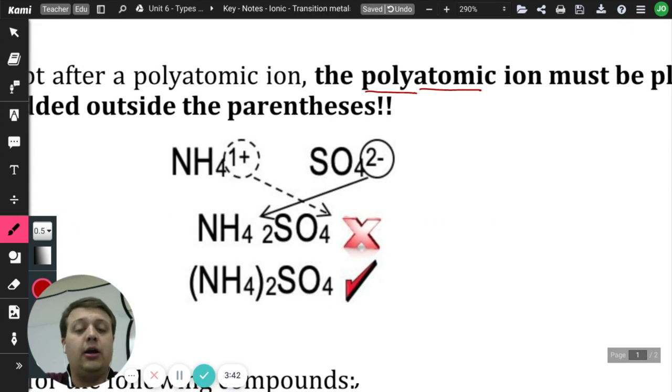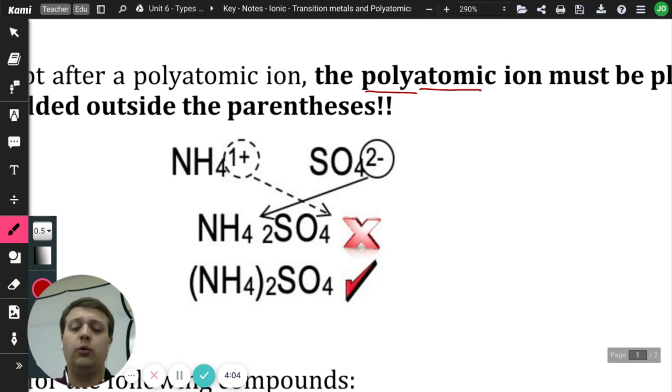Okay, right here, I've got ammonium and I've got sulfate. So that would be ammonium sulfate. Looking at this, we've got our +1 and we've got our -2. We swap those charges, we drop them low, and then we reduce. So I swap the charges. The 1 goes over to the sulfate, the 2 goes over to the ammonium.